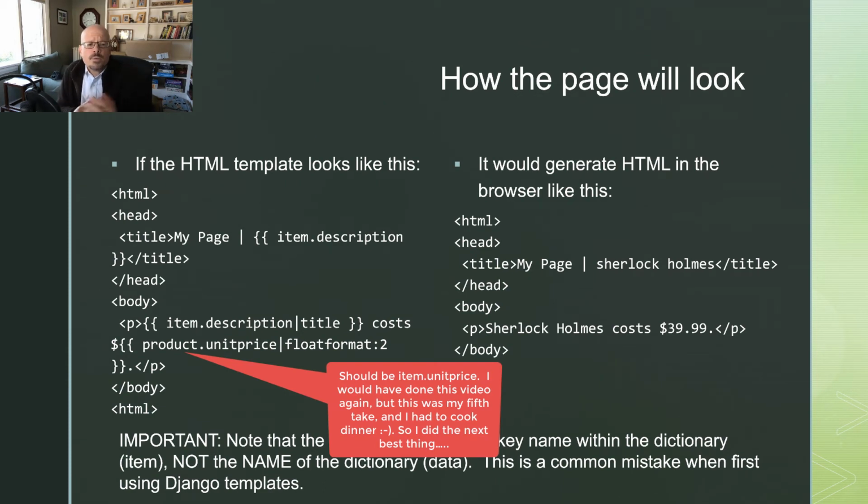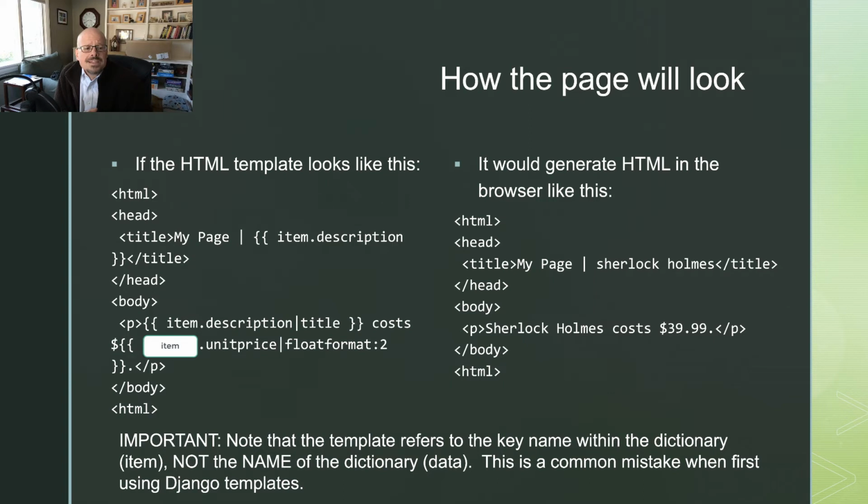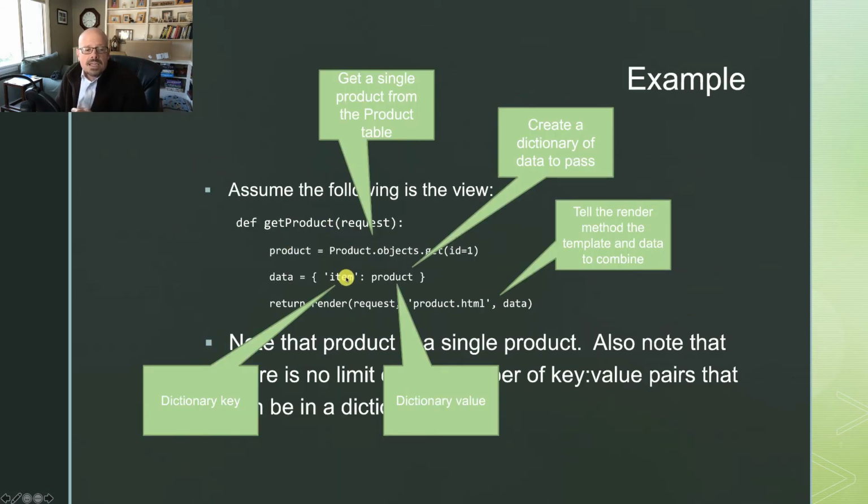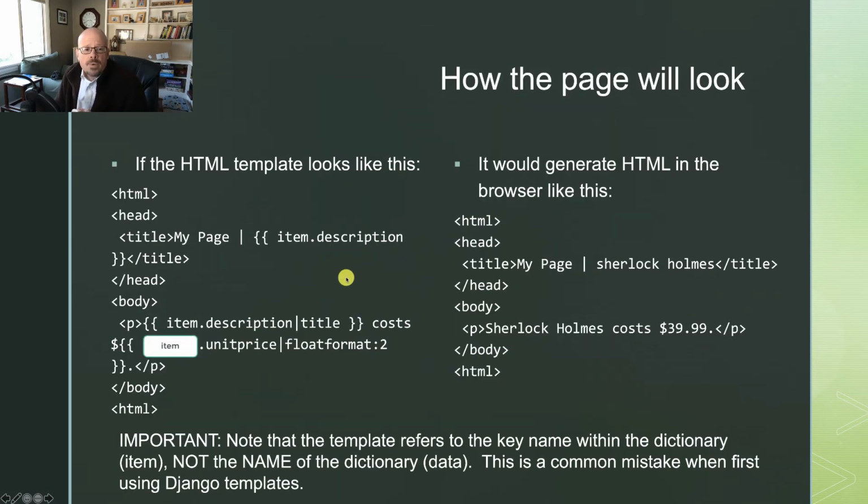So here's an example. Suppose we have an HTML template, okay? And suppose we send that item, the dictionary that I showed you a few minutes ago, to the template. The template itself is on the left side, and you'll notice that there are variables here. Item, if you remember, is the name, the key that we had in the dictionary, and that's how we have to refer to it. But item is a product object, so it contains all of the columns that are in the product object, including the description and the unit price, the quantity.